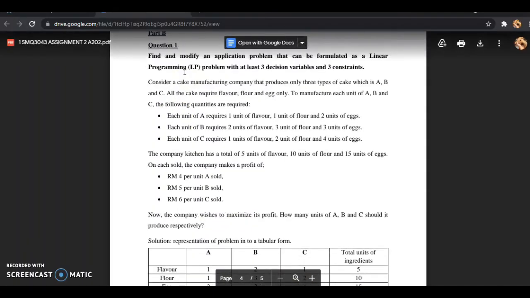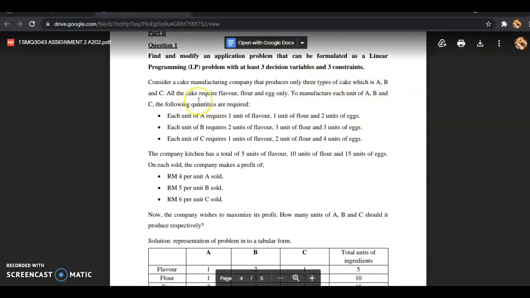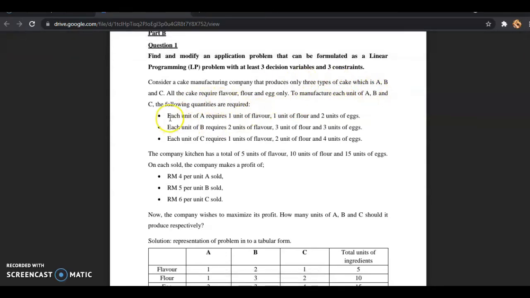In this question, it says to consider a cake manufacturing company that produces only 3 types of cake, which are A, B, and C. All the cakes require flavor, flour, and egg only. To manufacture each unit of A, B, and C, the following quantities are required. Each unit of A requires 1 unit of flavor, 1 unit of flour, and 2 units of eggs.